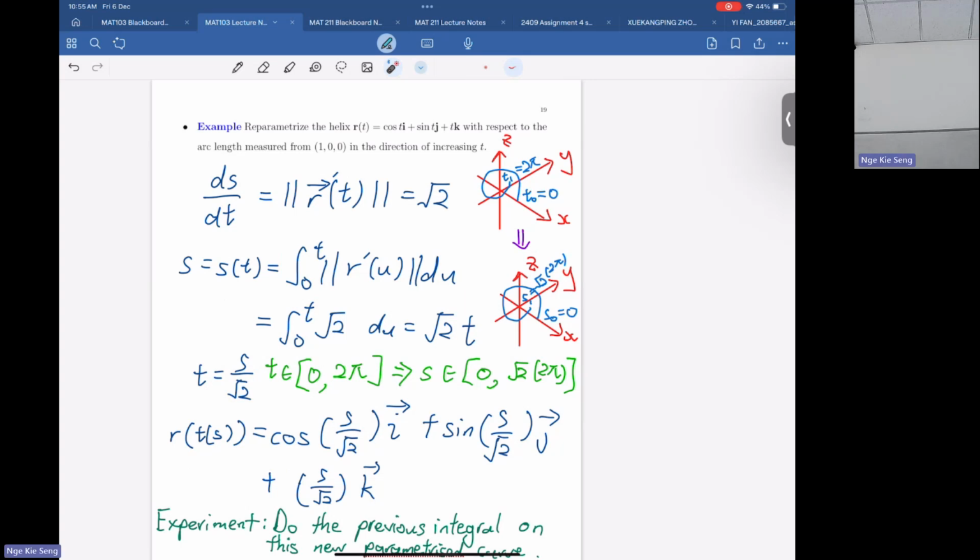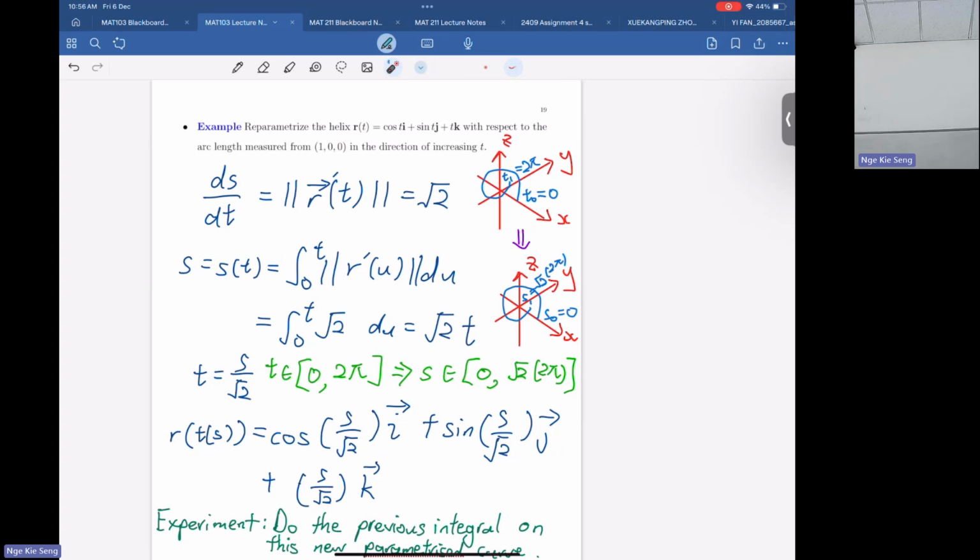After reparametrization, this curve still traces out the same curve, but with different s and different t, they reach the same point. Meaning you change the time they reach the same point, so you change the velocity.